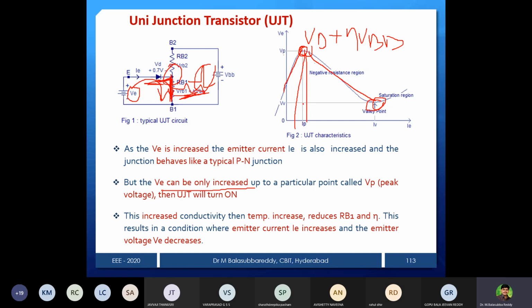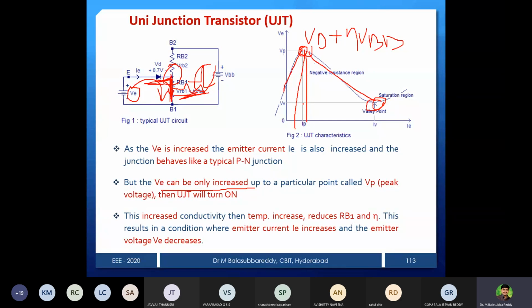From this, two points need to be remembered. If you increase the emitter voltage up to the peak voltage VP, which is VD plus eta into VBB, the device will trigger. And if that voltage drops down, meaning the discharge reduces to the lower value, the valley voltage, then the device is going to be open.